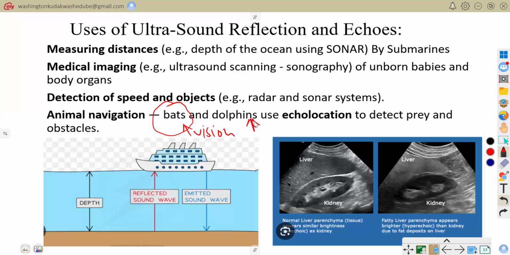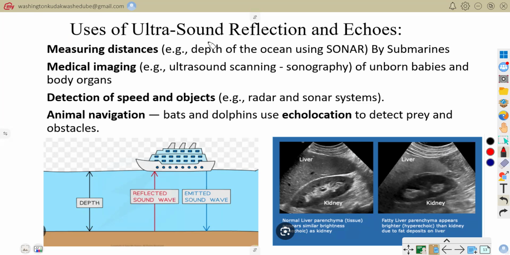Their vision is very poor, but they use sound to navigate. So how do they use sound? They use what we call echolocation to detect prey and obstacles. When they are navigating, they use this sound reflection to detect whether there are objects around or there is prey around.